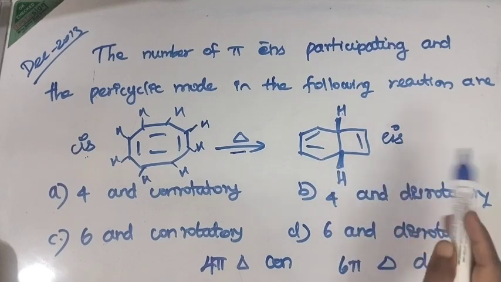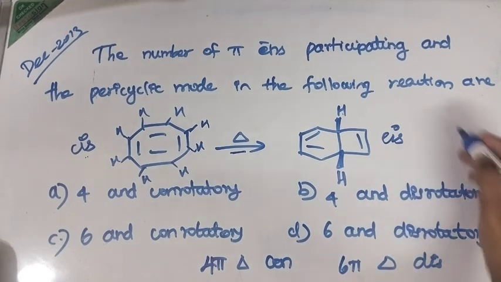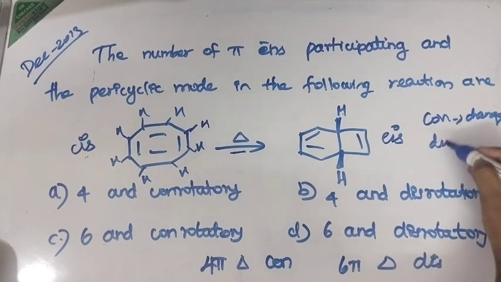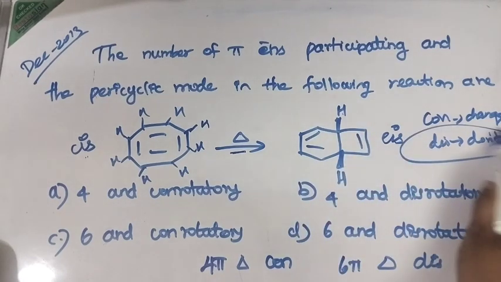If stereochemistry was not changed, is it conrotation or disrotation? It is disrotation, right? Because conrotation means change the stereochemistry and disrotation means don't change the stereochemistry. Here the stereochemistry doesn't change, which means it is undergoing disrotation.